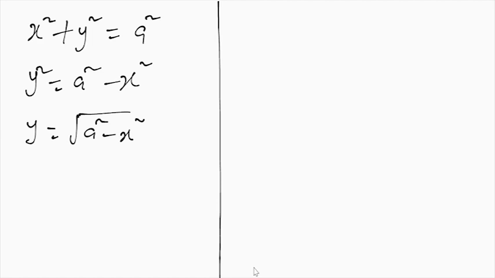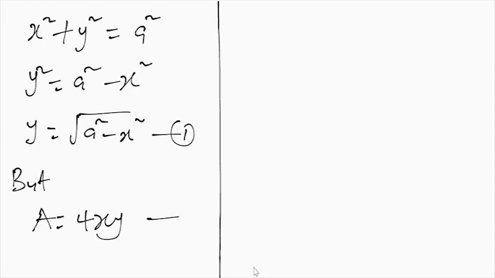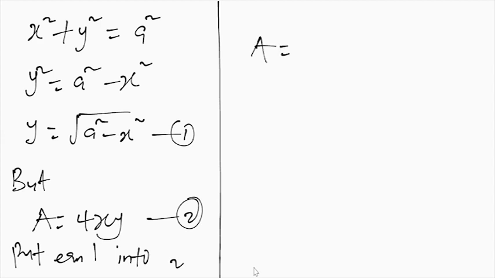But initially we were able to deduce that the area of the rectangle is 4xy. Let's call this equation 1. Let's call this equation 2. So we can put equation 2 into 1. When we do that, we have the area of the rectangle to be the same as 4x, then when you see y, you now put the square root of a squared minus x squared. Now there's something we can do from here.